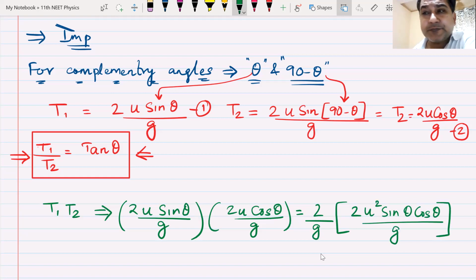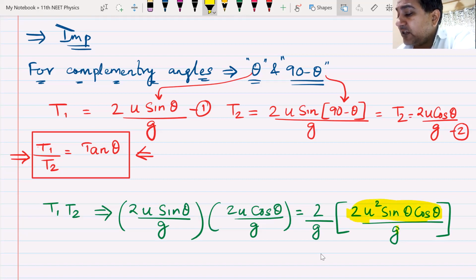I can write it like this. Now you would be wondering, sir, why you have written it like this? Why you have kept 2 by g outside, and why you have kept the rest of the things inside the bracket? Now there is a reason why I have done this, and by the end of this class, very soon, you will be able to understand why I have kept something inside the bracket and 2 by g outside the bracket.